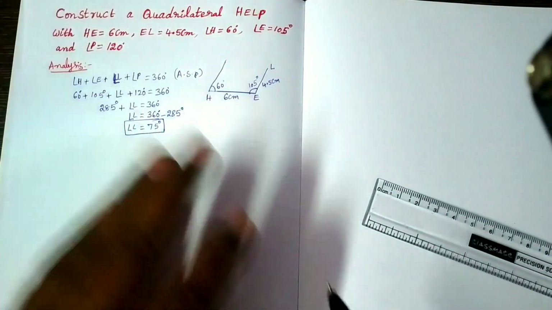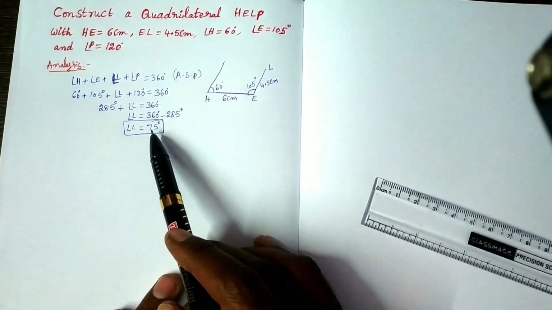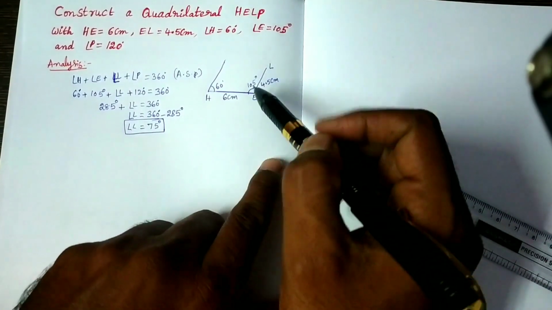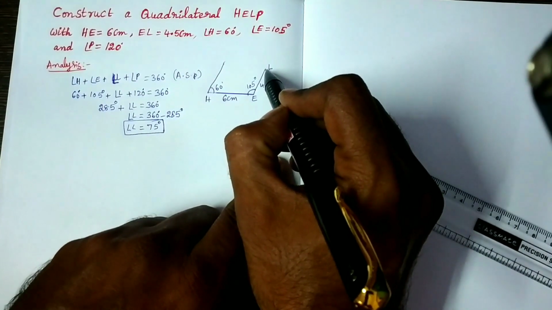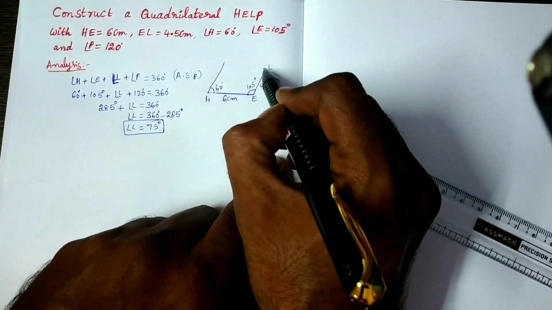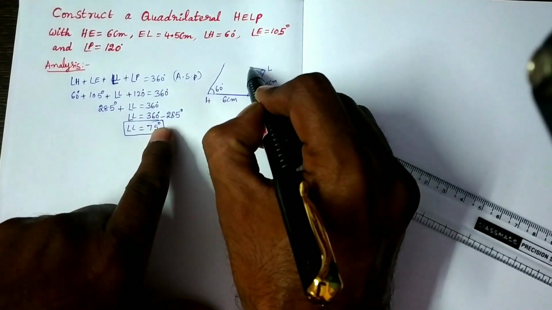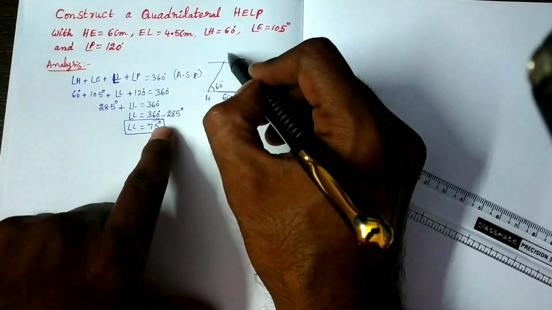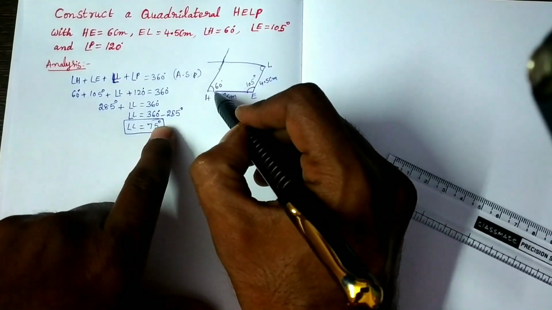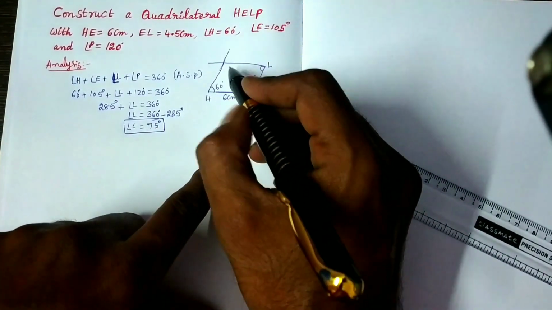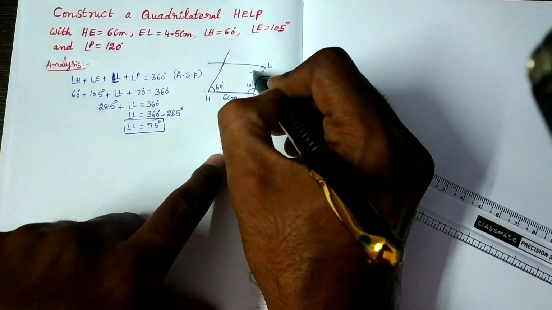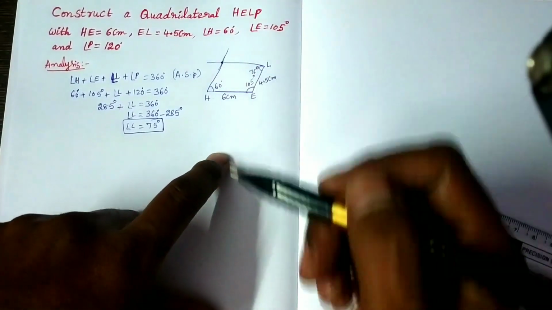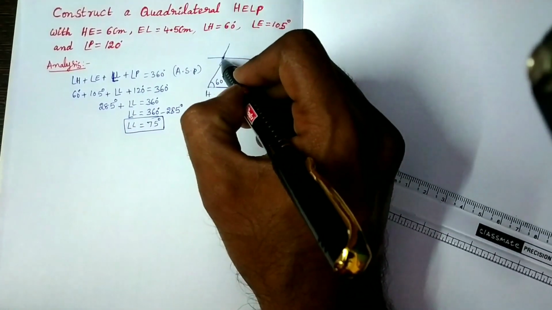So if you know angle L, then we can find the P. How? See, angle L is 75 degrees. So if you construct angle L is 75 degrees, then this 60 degrees ray and the 75 degrees ray join together at this vertex.